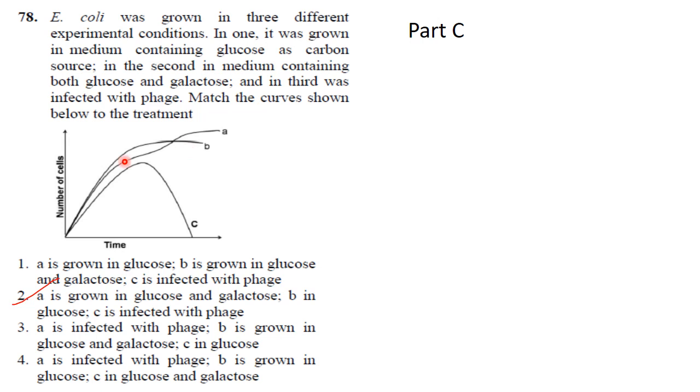And A has 2 exponential phases, so it must be galactose and glucose. So A is grown in glucose and galactose, B in glucose, C is infected with phage. Answer is option 2.